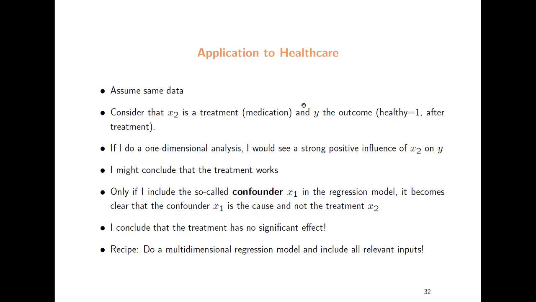If I do a one-dimensional analysis, I would see a strong positive influence of X2 on Y. In our experiment, the Pearson correlation was very close to 1. So in this case, I would conclude that the treatment really works. Great medication.